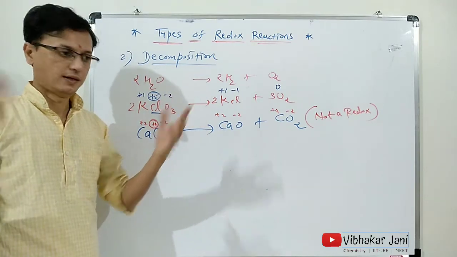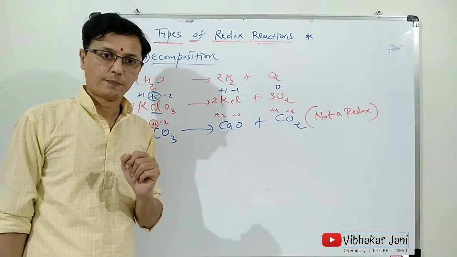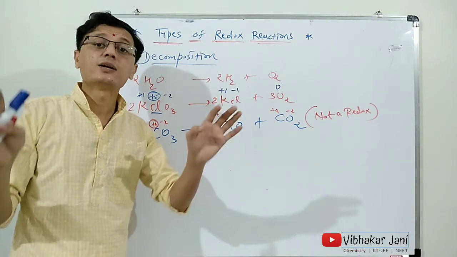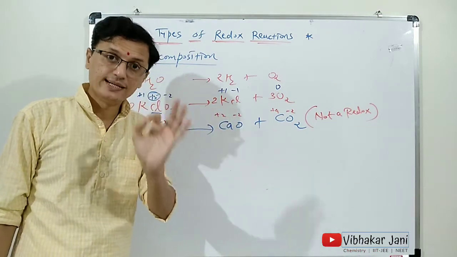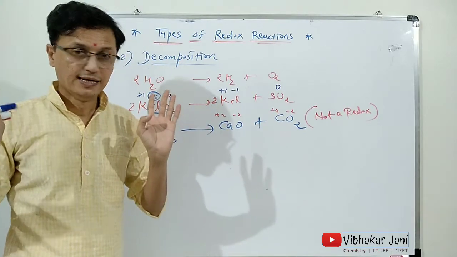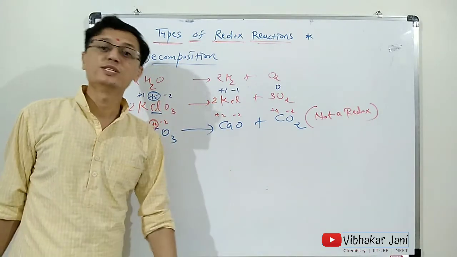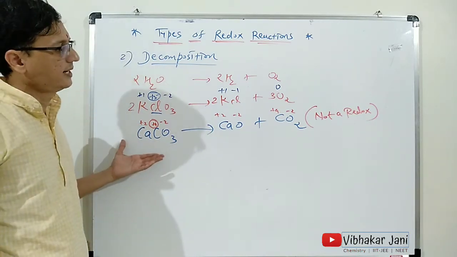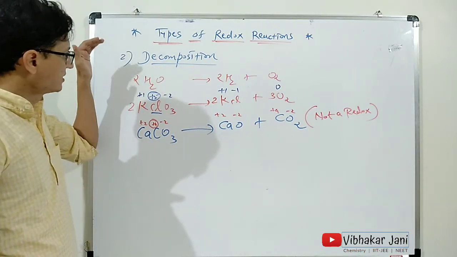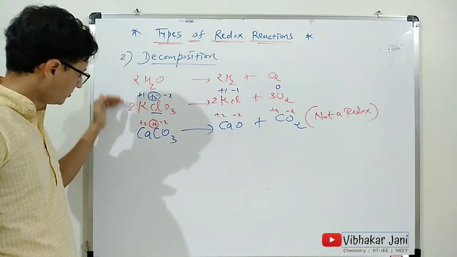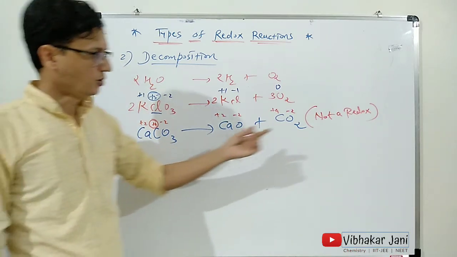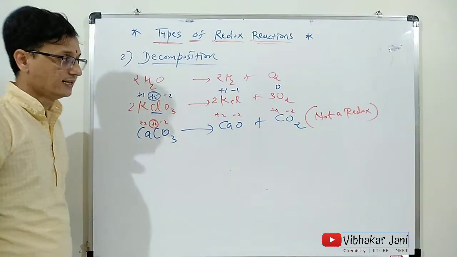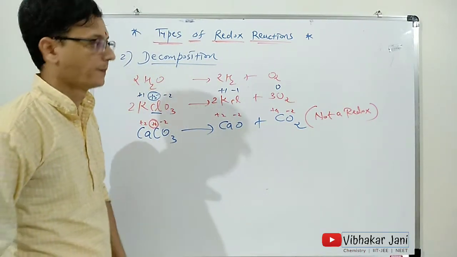As I told you in our first lecture, most of the reactions which occur in nature are redox reactions. Most of the reactions, not all of the reactions. There are some reactions which are not considered redox reactions. So this is the text. Okay, now just write the title and write down these examples, and note down that the decomposition of calcium carbonate is not a redox reaction.